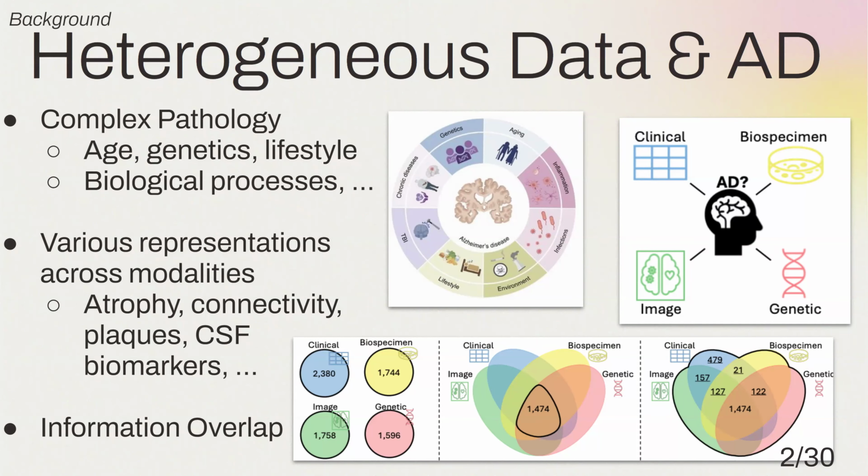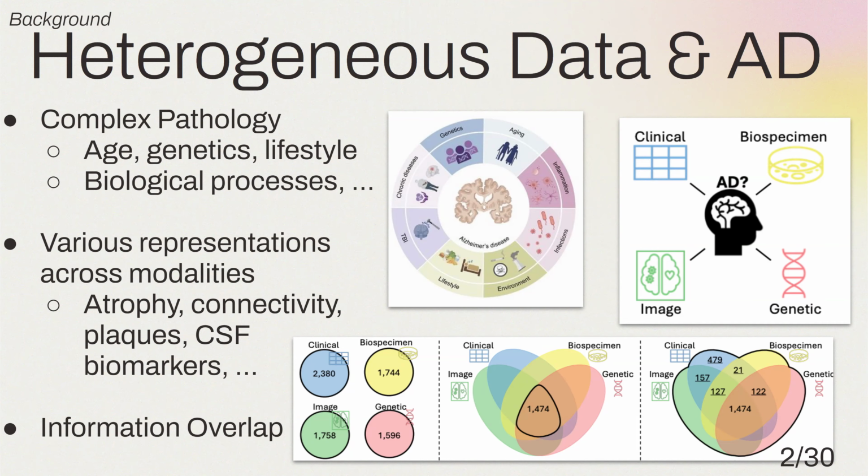But we also take a lot of different kinds of measurements of people with Alzheimer's disease. Each one of these different biological factors could show up in different ways in the modalities in which we collect data. We can collect data in a lot of different ways or modalities: textual data, biospecimen data, image data, genetic data.